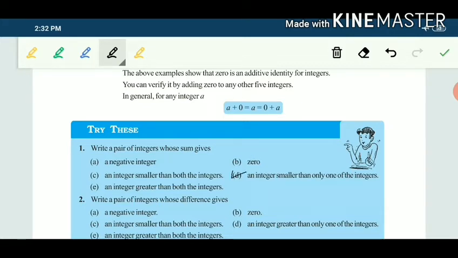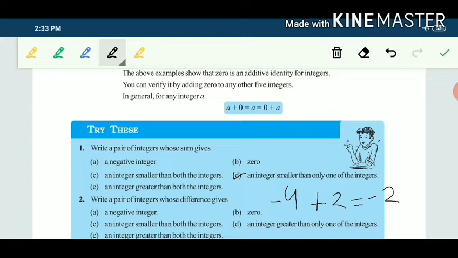D part. An integer smaller than one of the integers. The answer should be smaller than one integer and greater than the second integer. Take minus 4 plus 2, that is equal to minus 2.